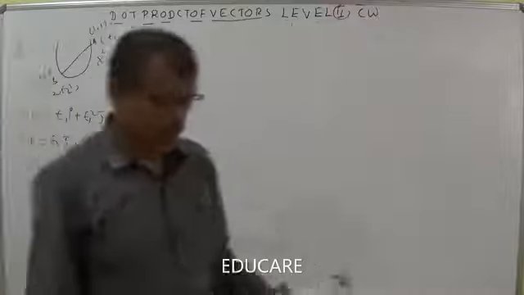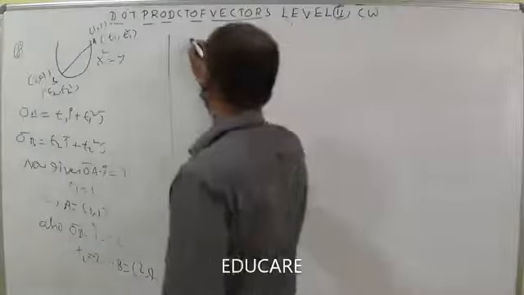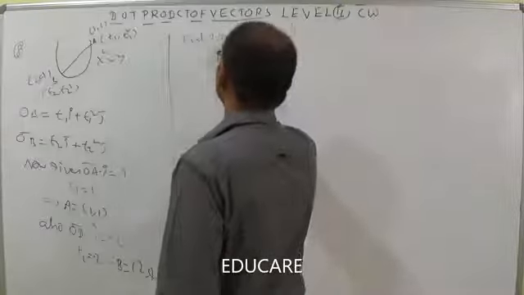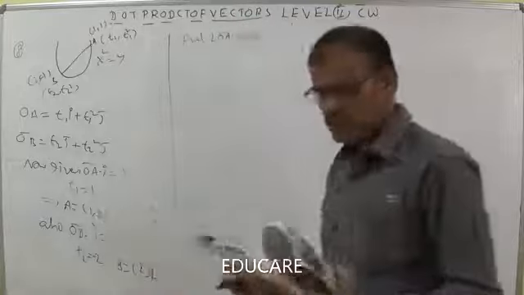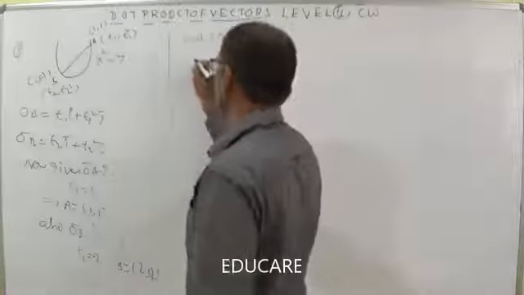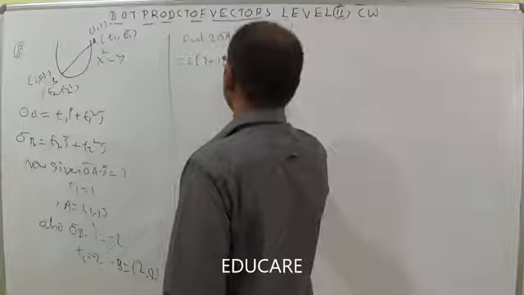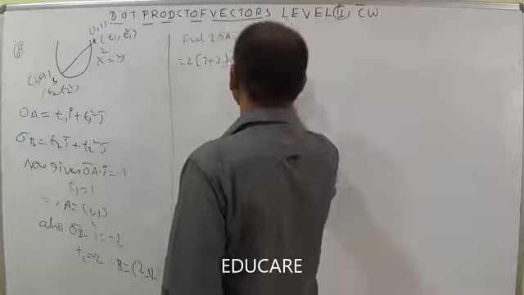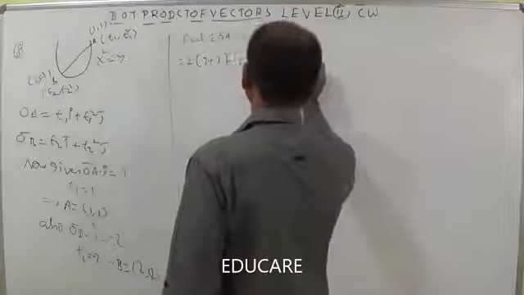Now what should we calculate? Find 2OA bar minus 3OB bar. That too he gave as the component length. 2 into OA means i plus j, minus 3 into OB, namely 2i plus 4j.